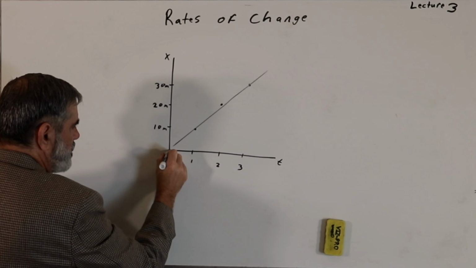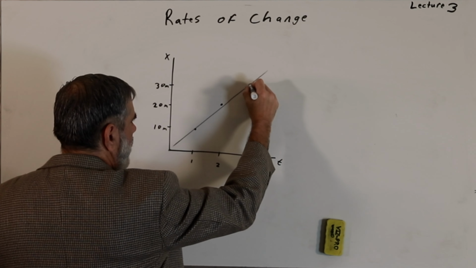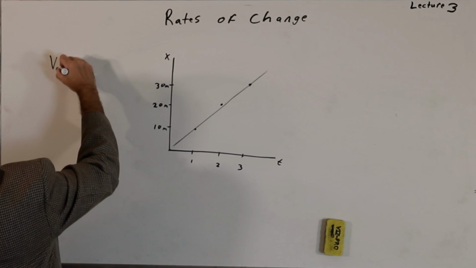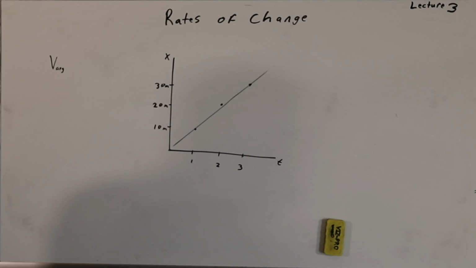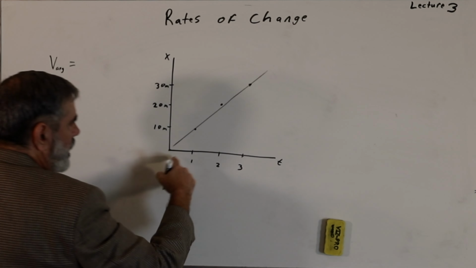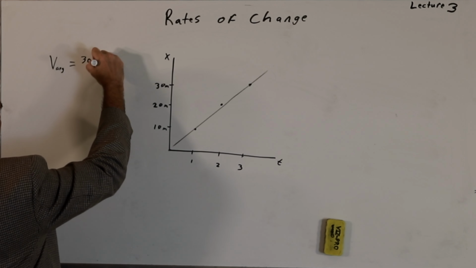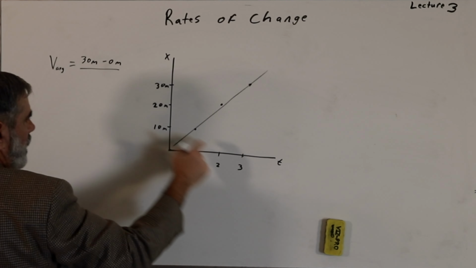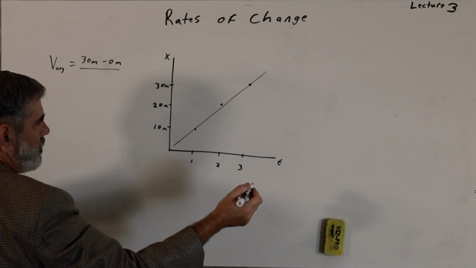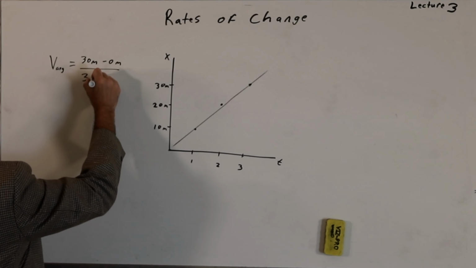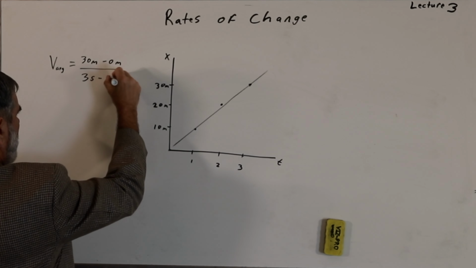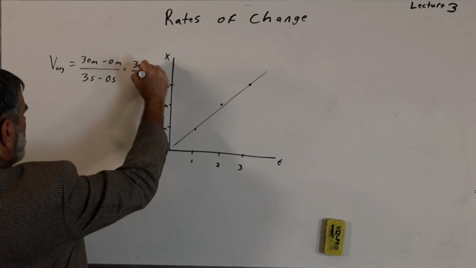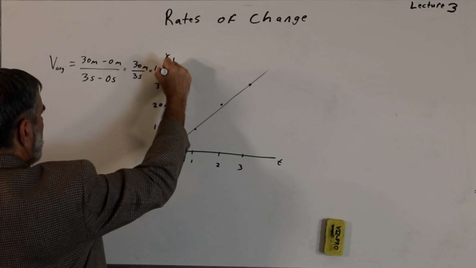So we think of the measurement starting here at t equals 0 and going all the way to the end at t equals 3, we would get the average velocity there, which I'm just going to write v sub avg, is equal to 30 meters minus 0 meters, because that's where we started with 0, divided by 3 seconds minus 0 seconds. And that gives me 30 meters divided by 3 seconds equals 10 meters per second.